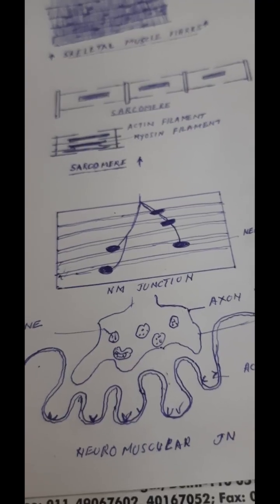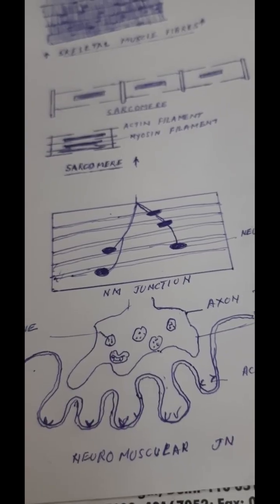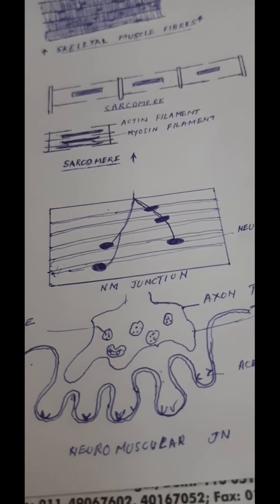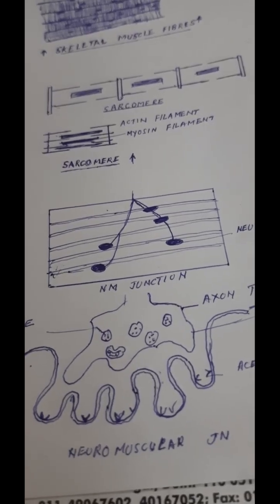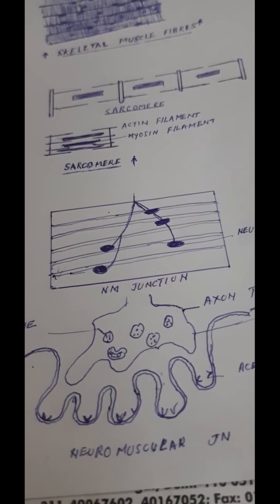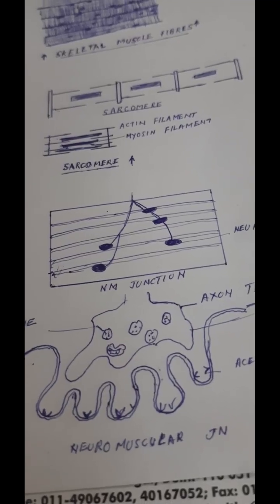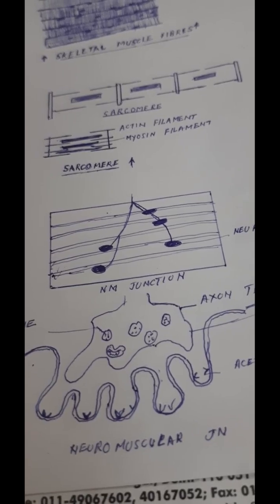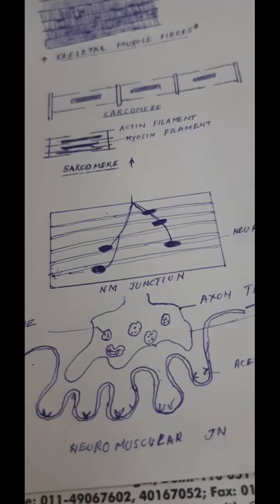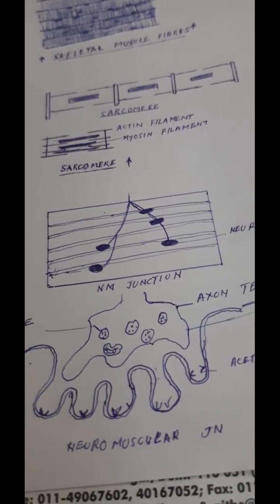So the terminal nerve fiber and the neuromuscular junction have better contact, and more area is covered, right? The purpose of having foldings in the sarcolemma is that the motor nerve fiber should come in contact with a larger surface area of the neuromuscular junction and the motor end plate.